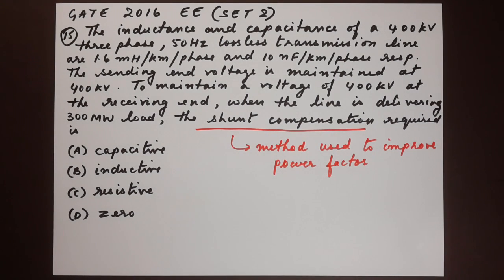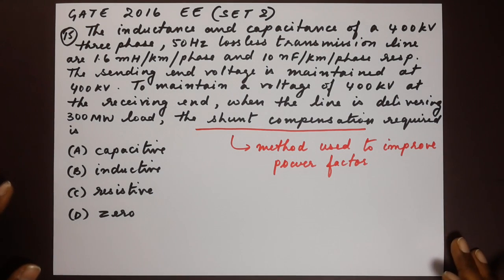So, when an inductive load is connected to the transmission line, the power factor lags because of lagging load current. And in order to compensate that, a shunt capacitor is connected, which then draws a current leading the source voltage, and thus that improves the power factor.